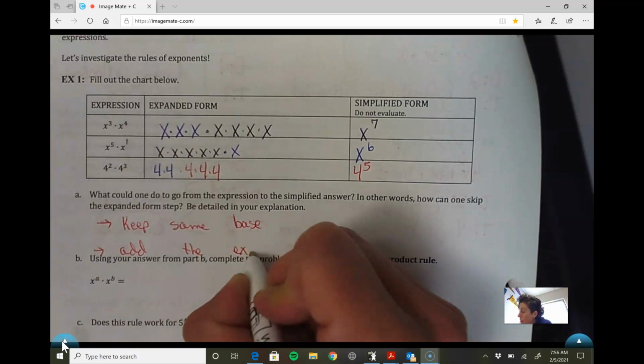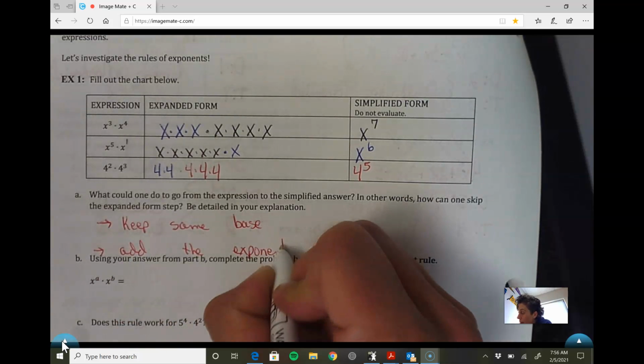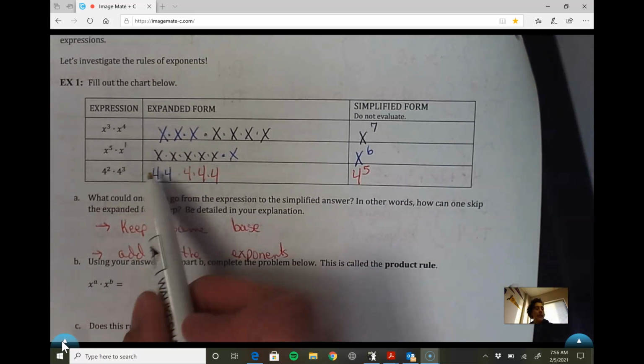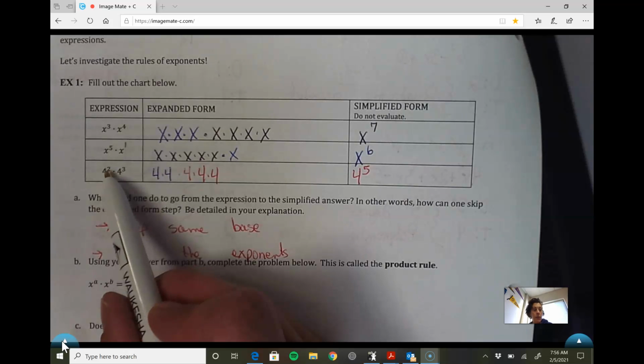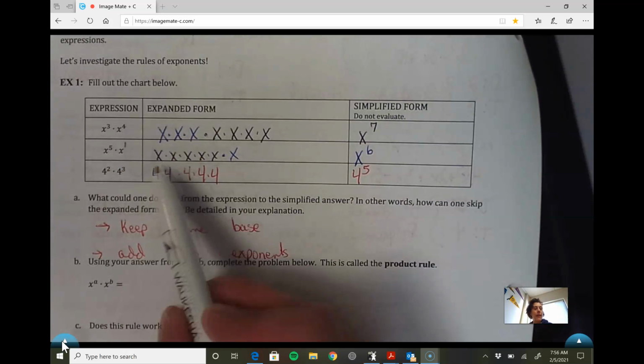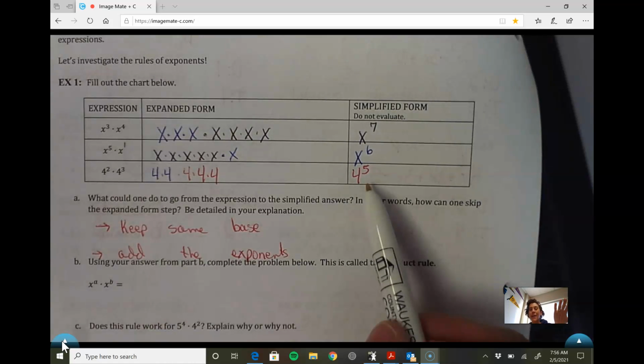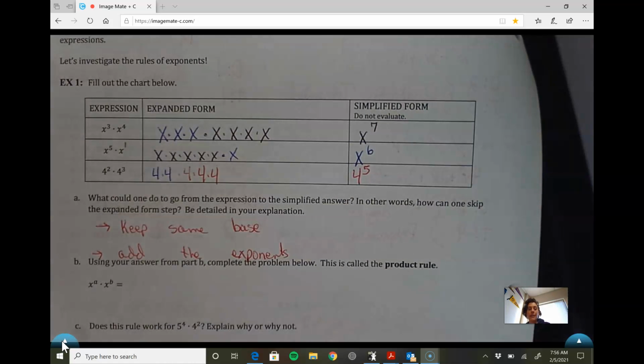This seems to be pretty simple when your base is a letter. But when your base is a number, what I often see is people will still add 2 and 3 and make it 5, but they still want to go back to what we've done before and multiply 4 times 4 and make it 16. So it turns into 16 to the 5th power, which is a way, way different meaning than 4 to the 5th power.